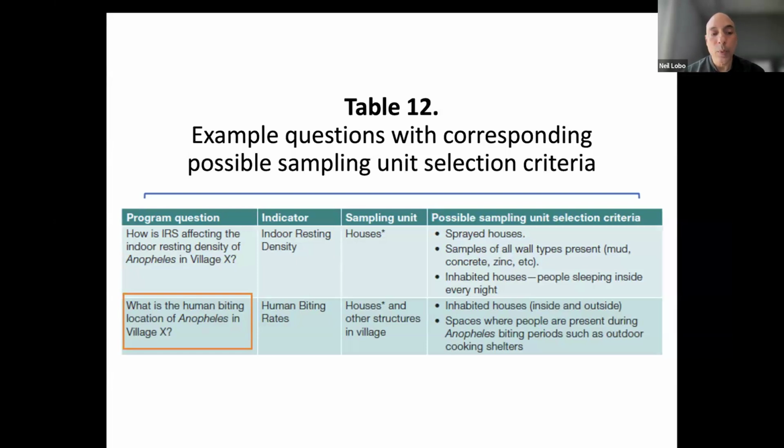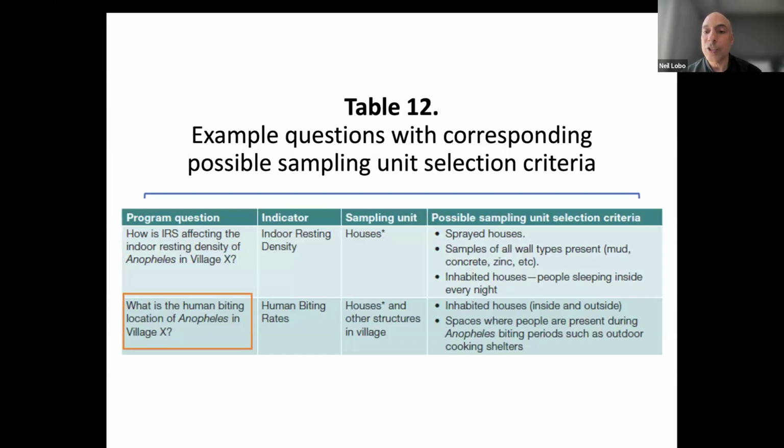If the question is based on just what the human biting rate is in houses, you would pick a house. But let's say people are hanging outside at night in bars all the time. You pick houses and bars, or inside and outside houses. So you can define your question and narrow down on your sampling unit.